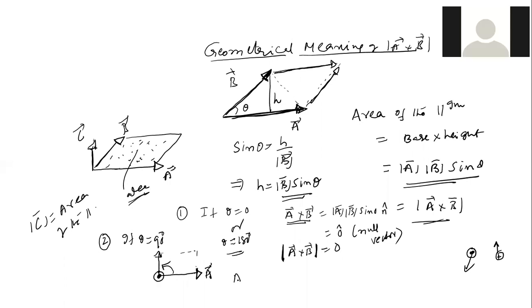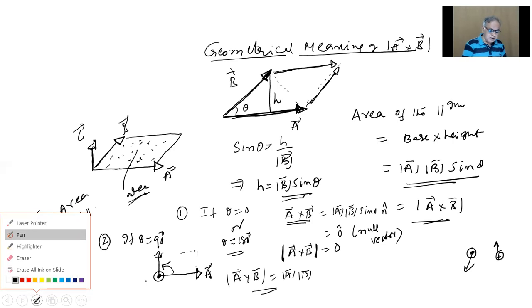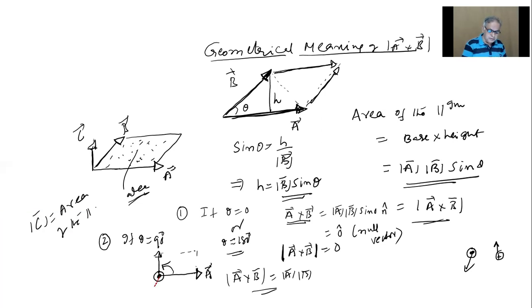So mod of A cross B will be mod A mod B sine 90, which is this. If you want, you can as well show the vector here, but be careful, this is out of the plane, like this. All right. This is the vector A cross B. You may give it a name C if you want. A new vector.